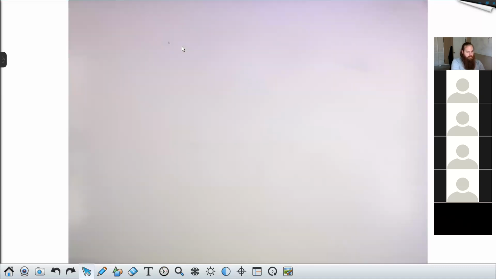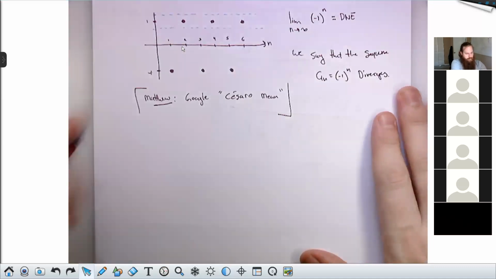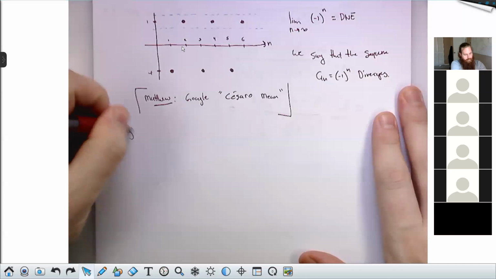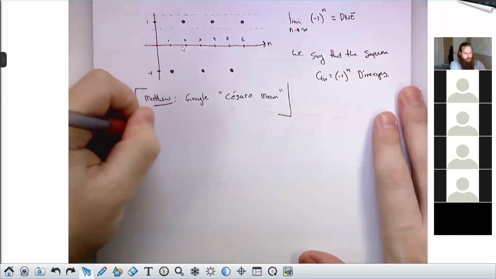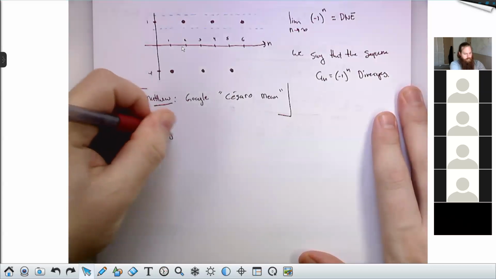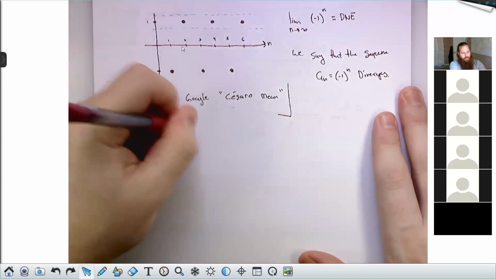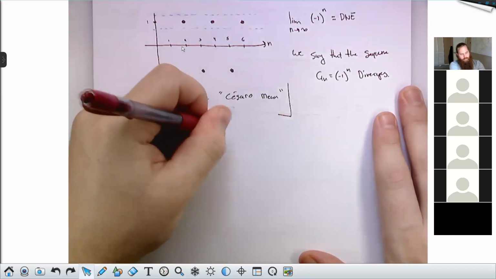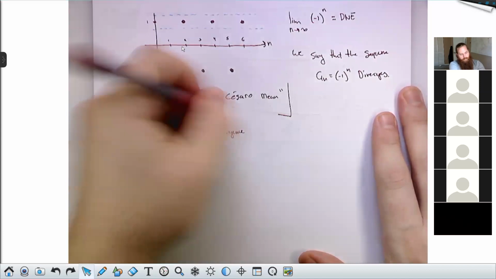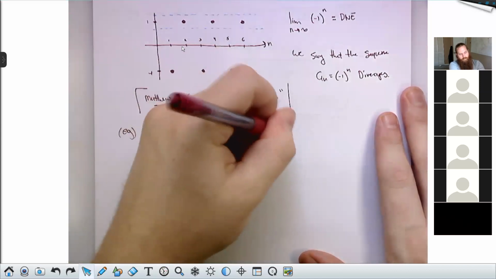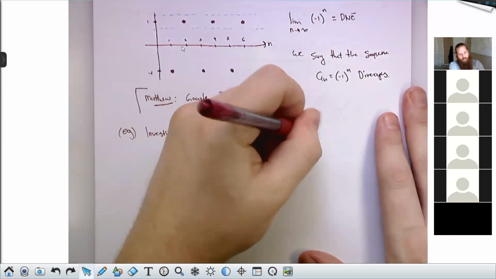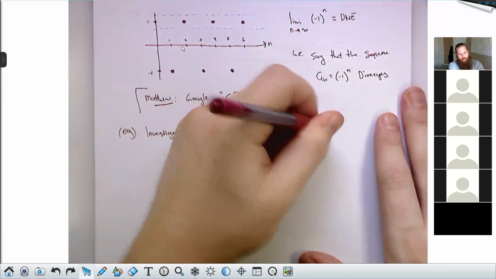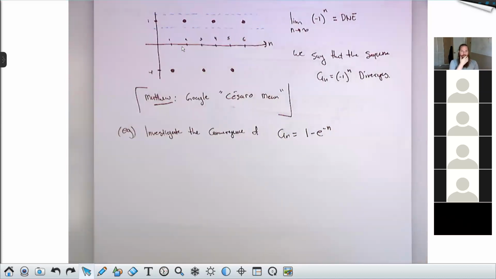Okay, una más. What about the sequence a_n equals 1 minus e to the -n?